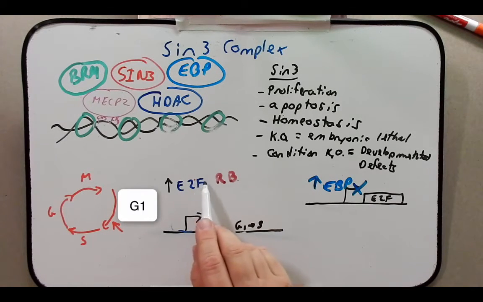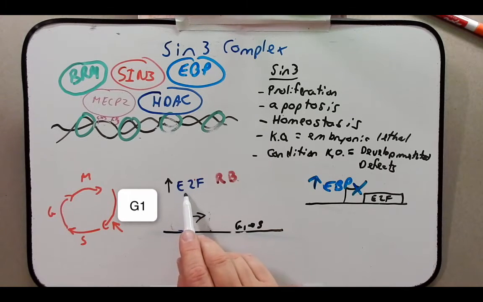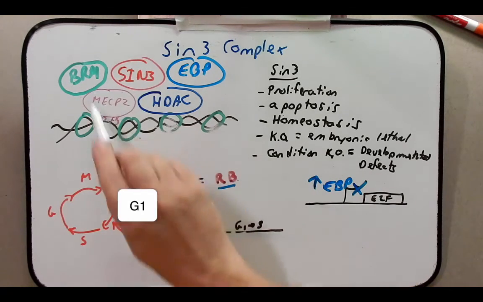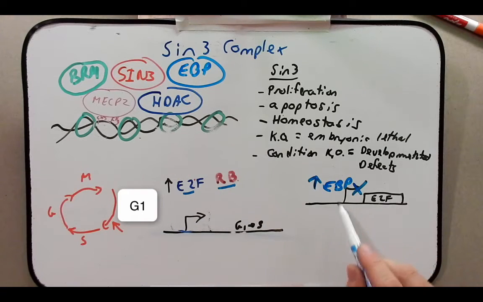We just need to reduce it so that the stoichiometry is set where E2F is at appropriate proportions where it can bind to retinoblastoma protein. So again, EBP as part of this SYN3 complex can come along here and turn off the expression of E2F. If you turn off the expression of E2F, it won't be entering the nucleus as efficiently and won't be turning on these genes to allow the progression through the cell cycle.